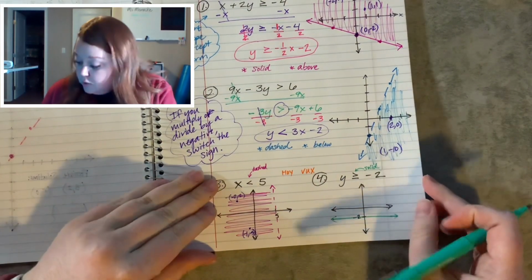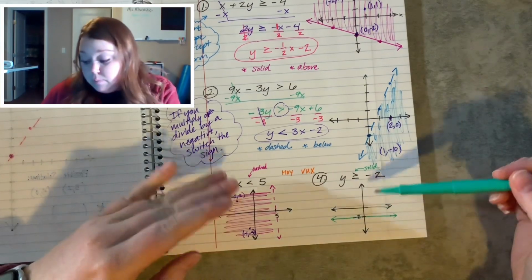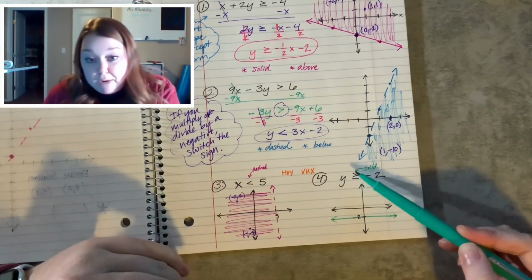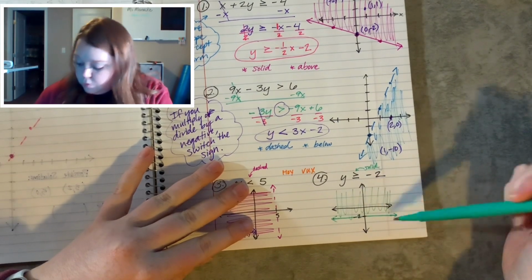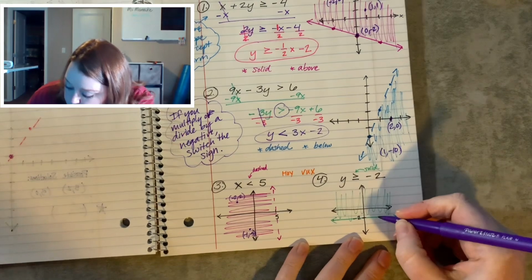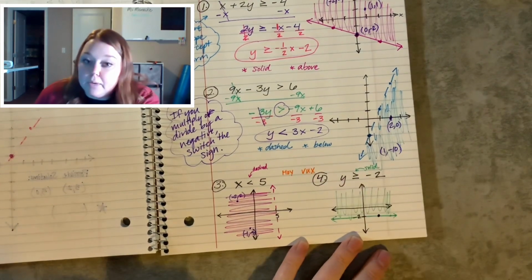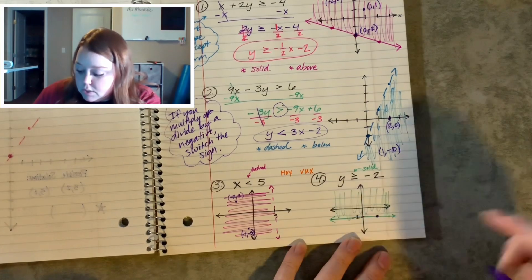Okay, so solid line, and then we just have to remember how to shade. So this is going to be above or below. Because it's greater than, you would shade above. Okay, so some possible solutions. You could have a point on the line be a solution because it can be equal to the line.